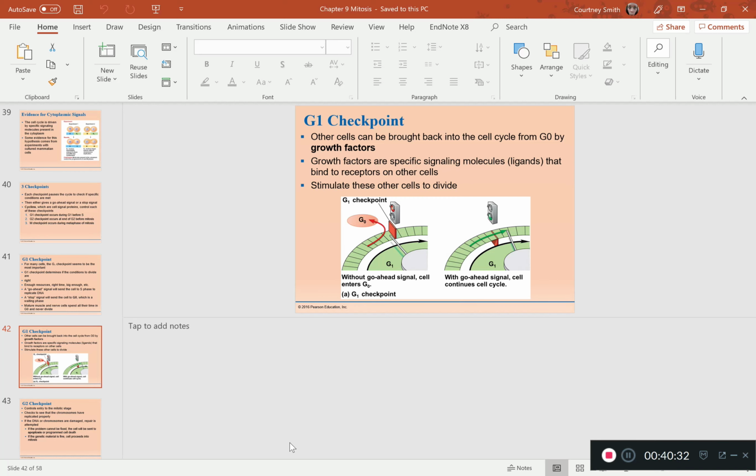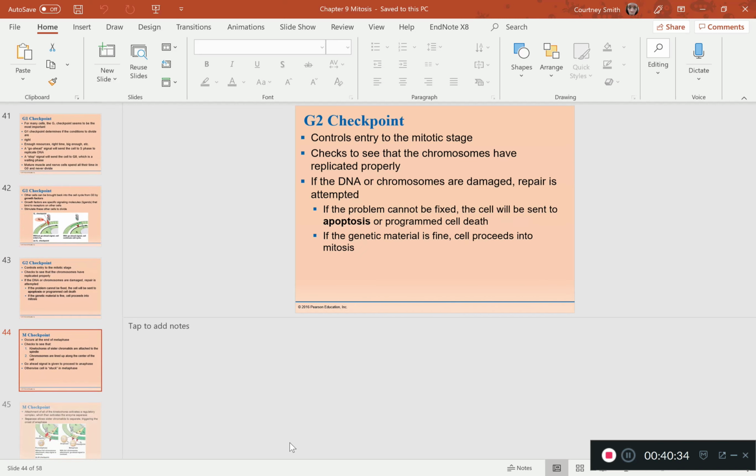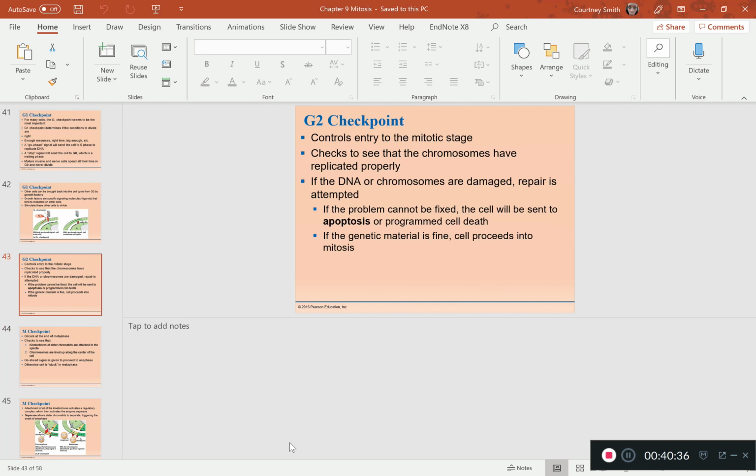And then the next one is G2. Oh, I don't have a picture for G2. Sorry, guys. So this happens at the very end of the G2 phase of interphase. This is the one that controls the entry into the mitotic stages. It will check the chromosomes to make sure that they were replicated correctly.